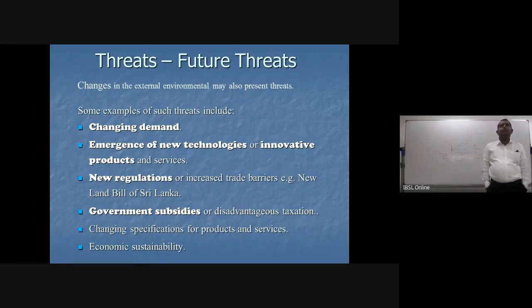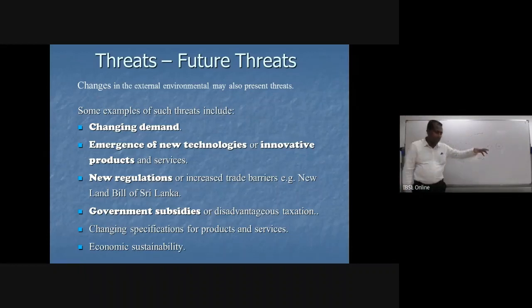Government subsidies, right? Or taxes will affect the industry. So those are threats to the business. So we have to look at threats. So we look at the strengths of a business. This is a micro analysis, right?